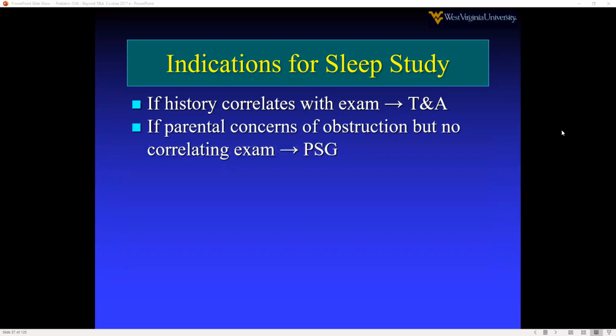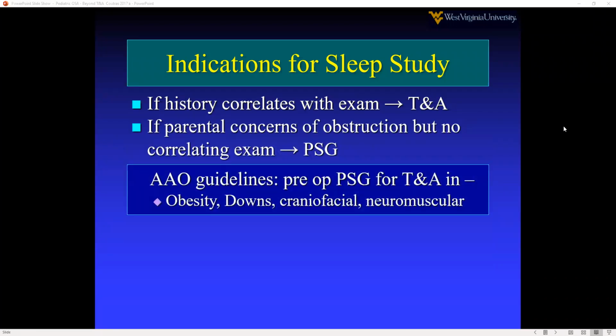So if the parents have concerns regarding sleep, but the exam looks otherwise normal, get a sleep study, because you don't want to miss this. Just like with hearing loss, 50% of kids with hearing loss are noted by the parents. 50% are missed, but if the parent thinks the kid has a hearing loss, you get an audiogram. Similar here.